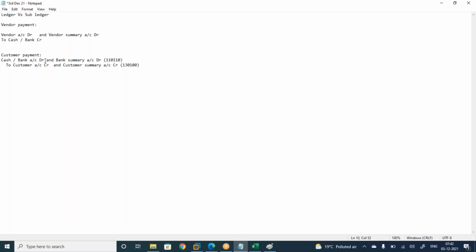This bank account means like USMF operations. This is the customer account also. And here also the same, it will post to the vendor bank account and bank summary account.